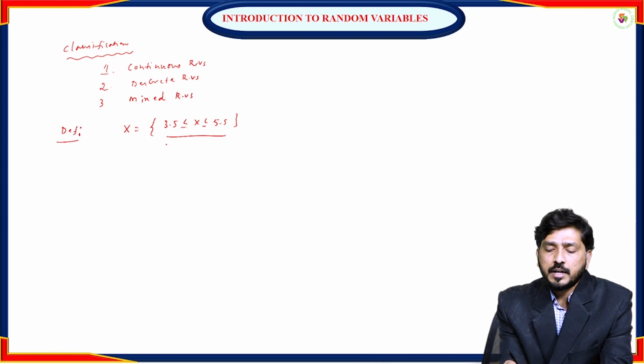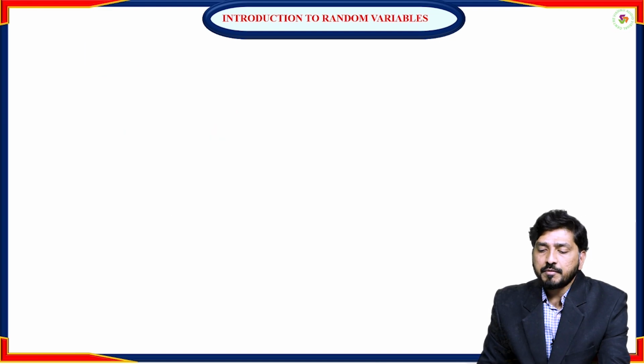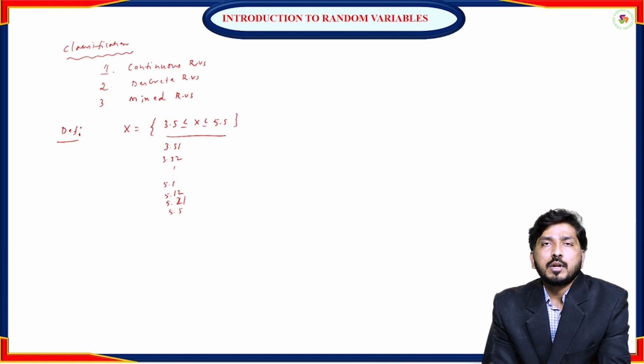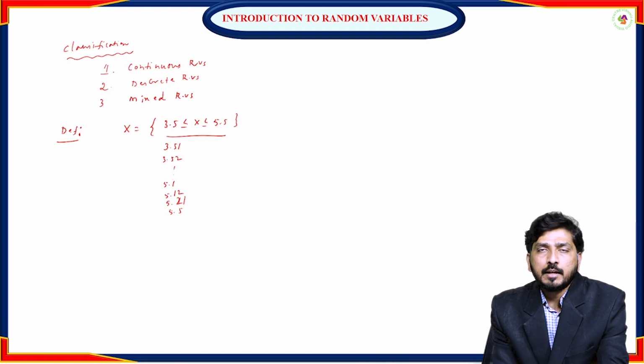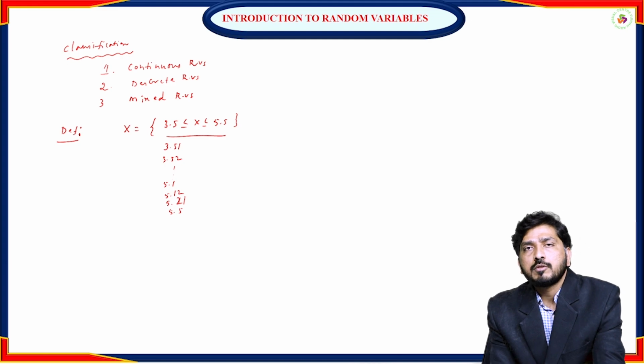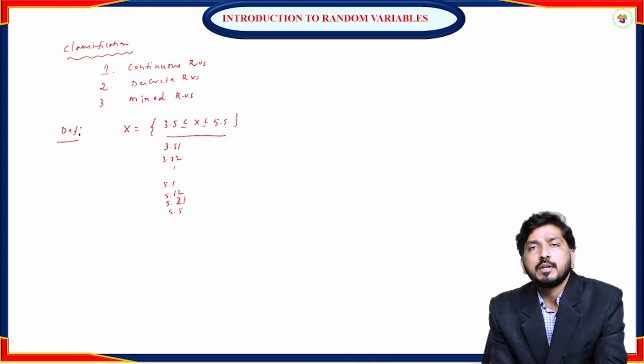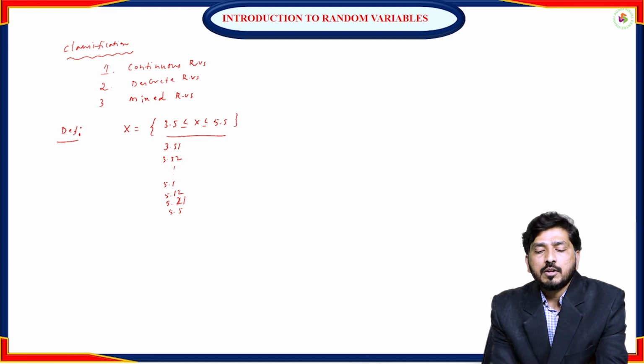There are a number of values from 3.5 to 5.5, like 3.51, 3.52, and so on, up to 5.5. You can take n number of values. Here the number of values is very large, almost infinite. That kind of random variable is what we call a continuous random variable.